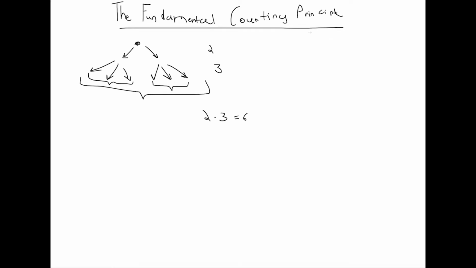So let's say we have something a little bit more complicated than that. Let's say there are 500 different paths you can take at first, okay? I won't draw them all out, but just know that there are 500 paths you can take at first, okay? Then, at the end of each of those 500 paths, there are 200 paths.